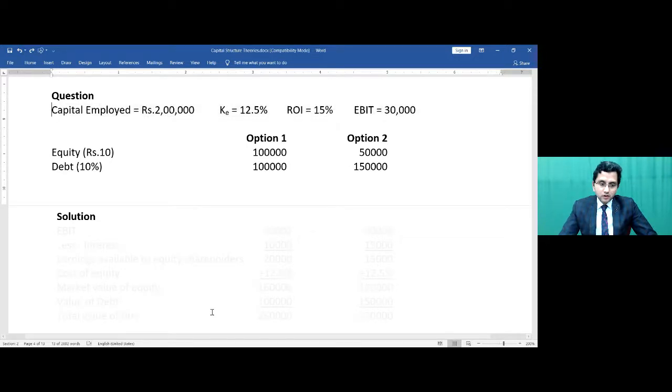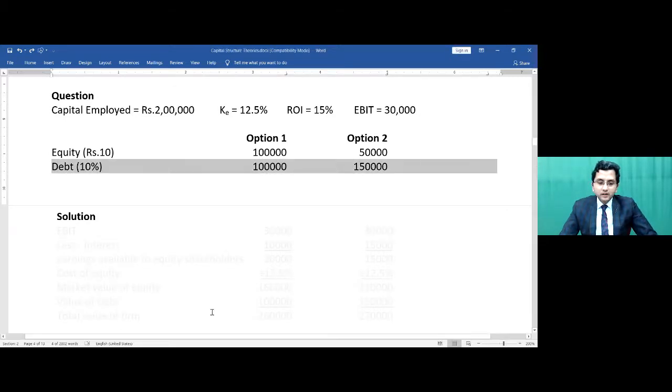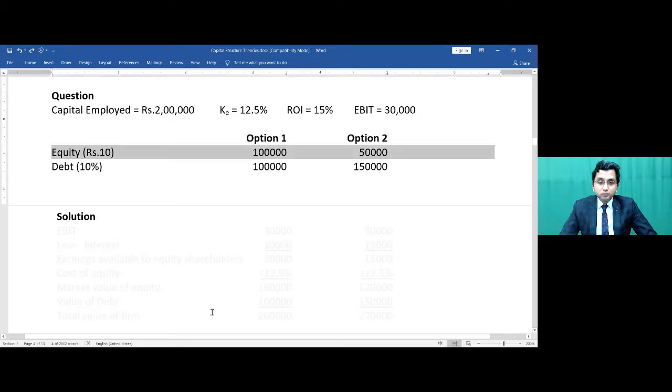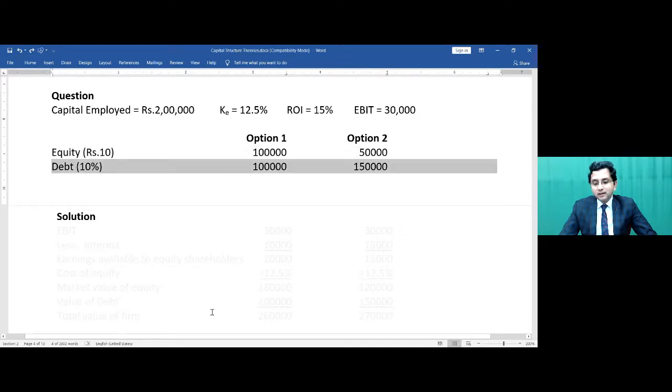To raise this amount of 2 lakh rupees, the company has two choices, option 1 and option 2. Option 1 is you issue equity shares of 1 lakh rupees and debentures also of 1 lakh rupees. In option 2, you issue equity shares of 50,000 rupees and debentures of 1 lakh 50,000 rupees.